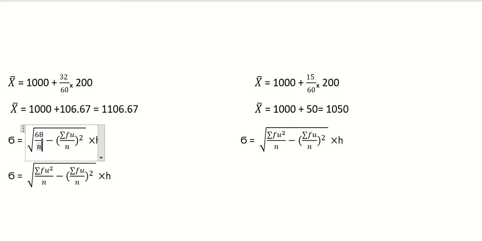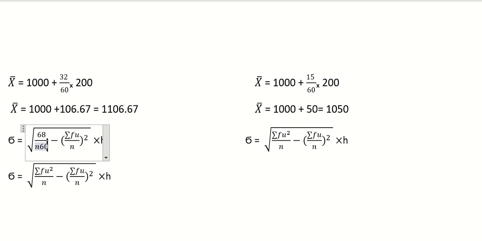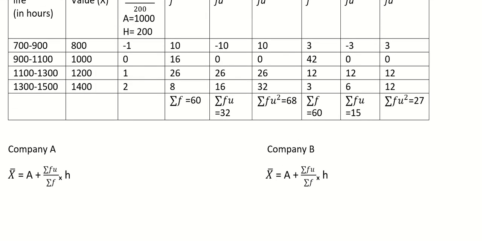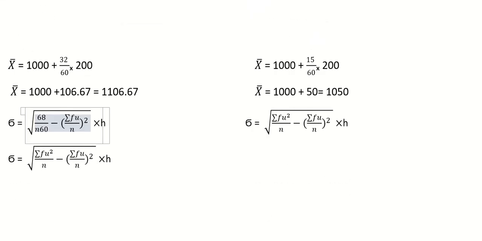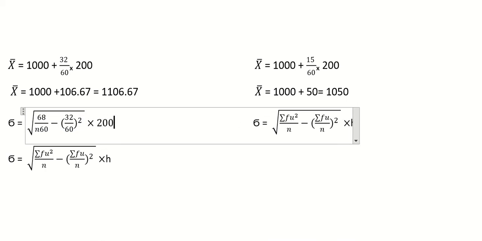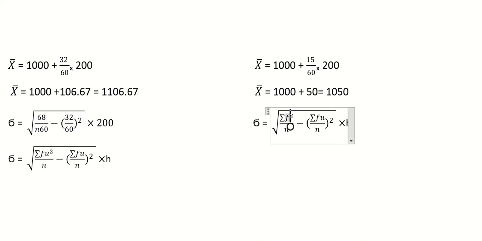N is 60, and summation of FU here is 32, right? And N is 60 square into H is 200. Now similarly I can put the values for company B also.